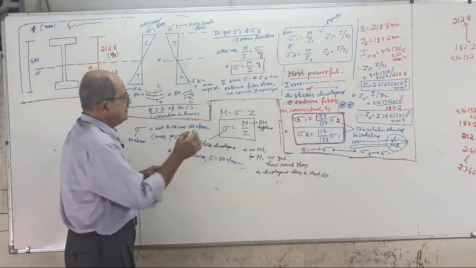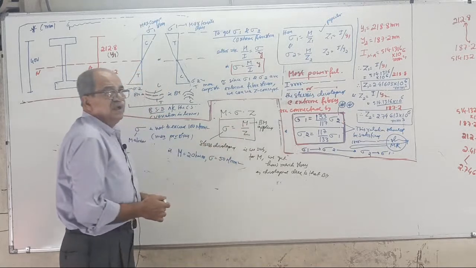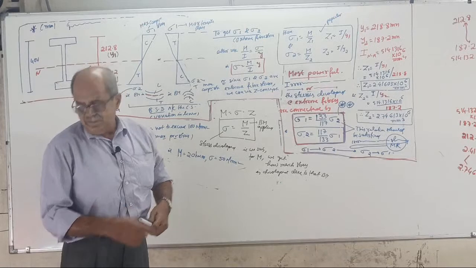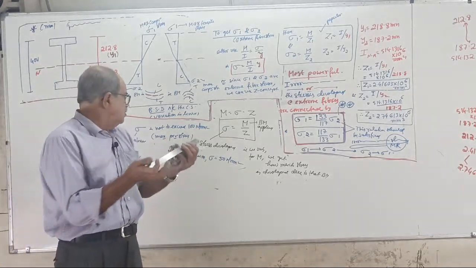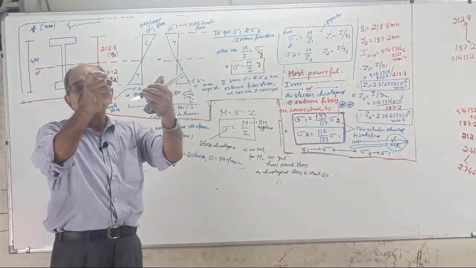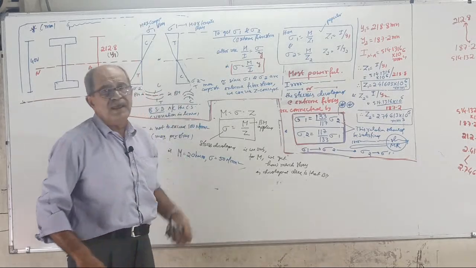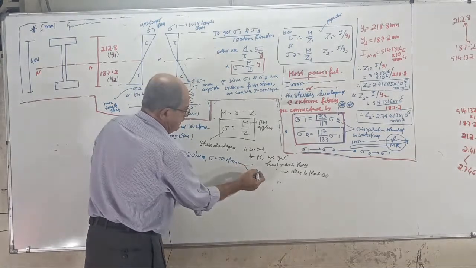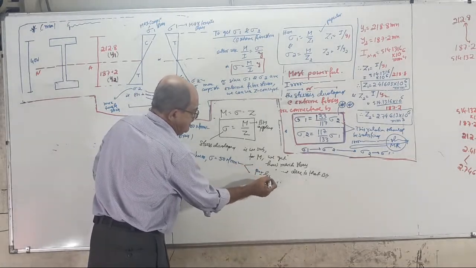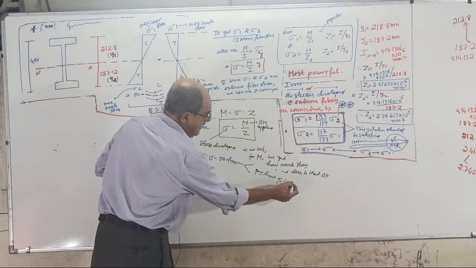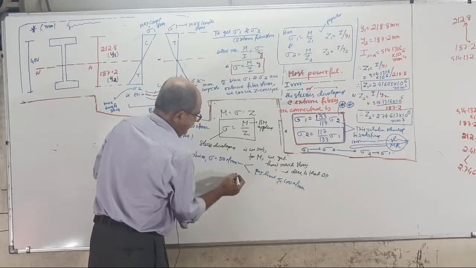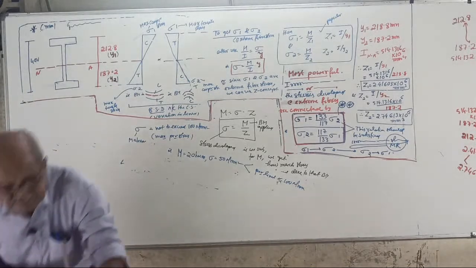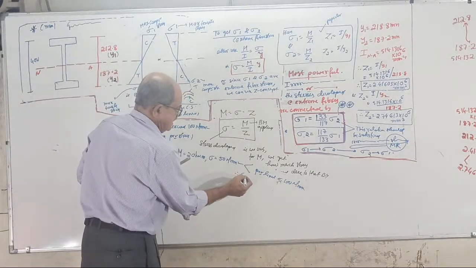Sigma equal to M by Z. For the material, the permissible limit is 100. You apply a bending moment of some 20 kN meter, and a stress of 50 will come. This 50 is less than the permissible limit of 100 Newton per mm square. Therefore, tell me, safe or unsafe? It is safe.